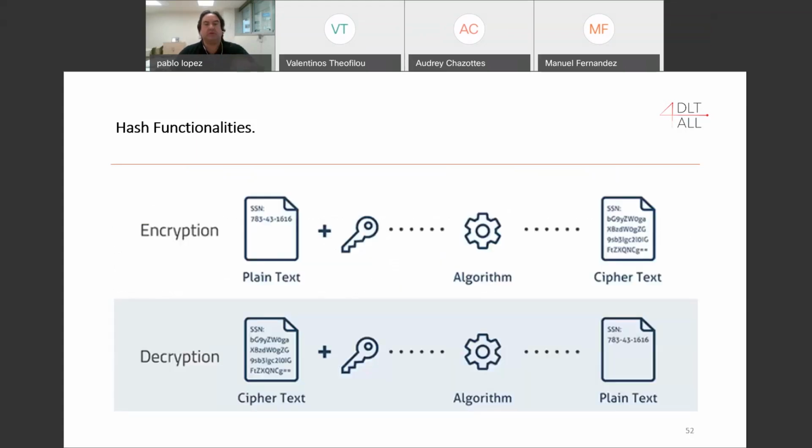To continue, we can take this picture to follow the line from yesterday about how the encryption and decryption function works. We had plain text with a key and an algorithm that gives us a ciphertext, and in decryption, this ciphertext with the key and the algorithm gives us again the plain text.